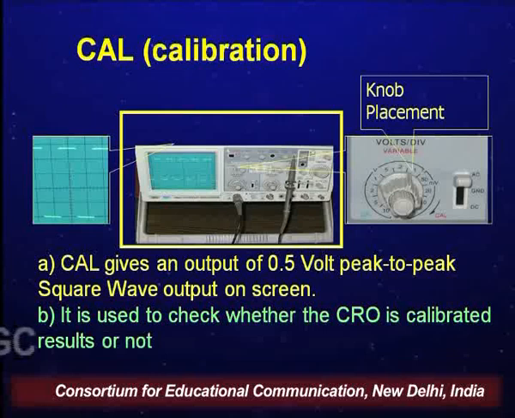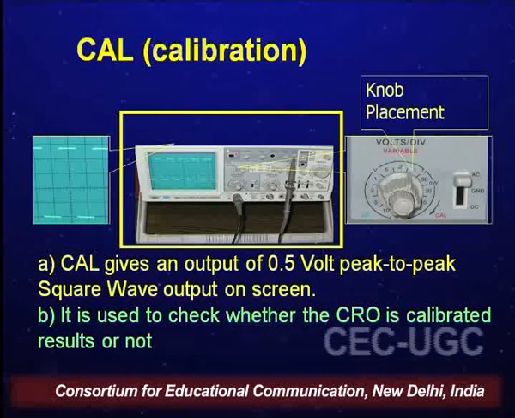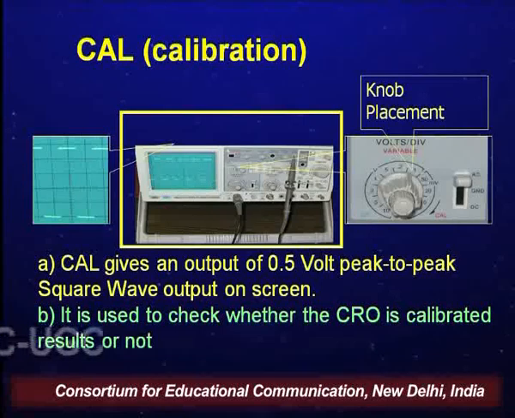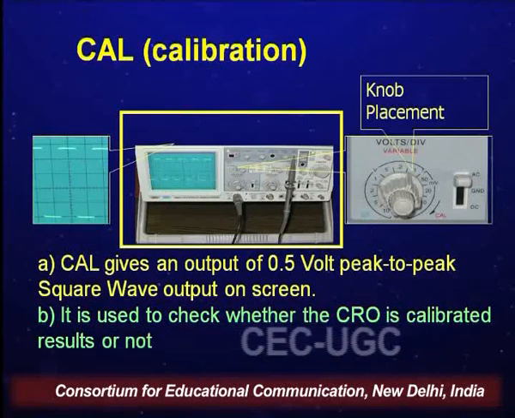So with getting 0.48 instead of 0.5, we can understand that there is a slight mismatch between the calibration of the CRO and the signal being input.